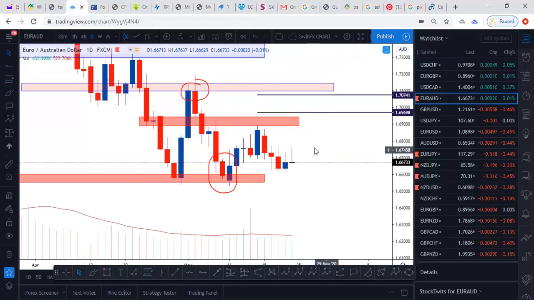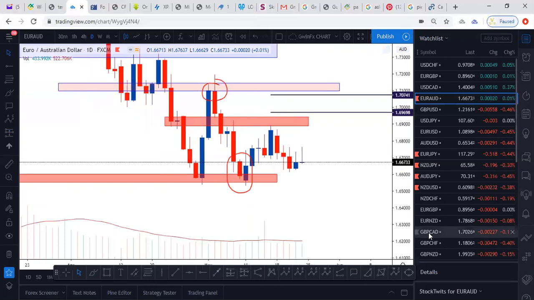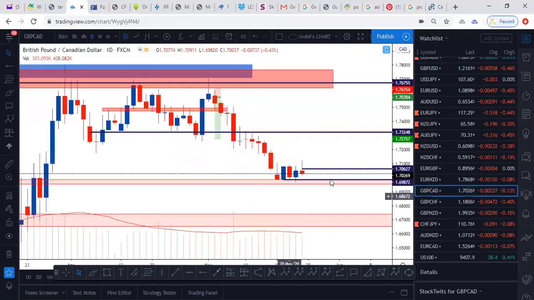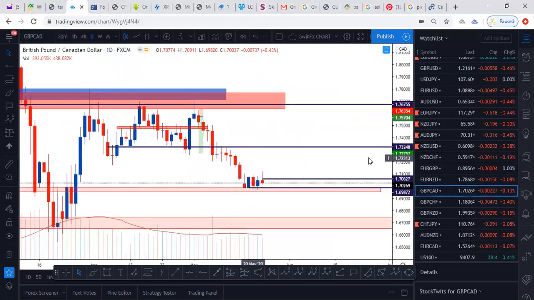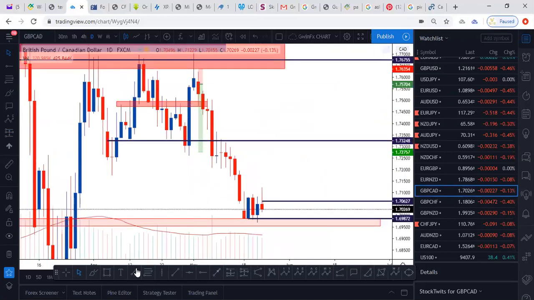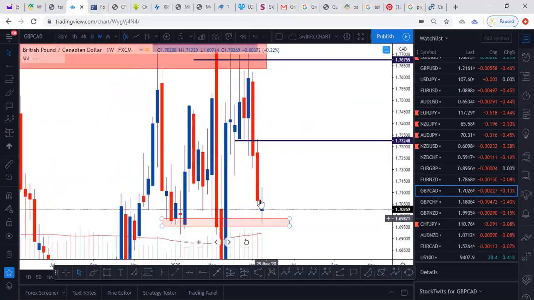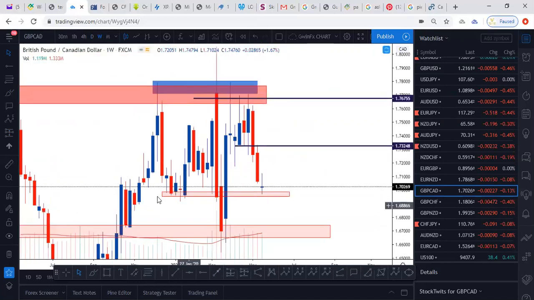All right, so let's go straight into another pair, the Pound Cad. We want to see some bit of retracement back into here. Why? Last week, price went into an indecision position, and price is also trading around this key structure in the market.